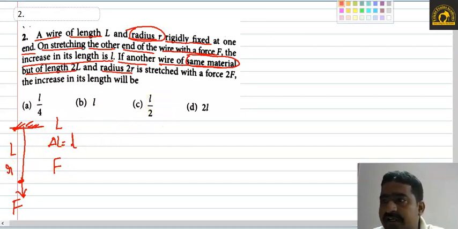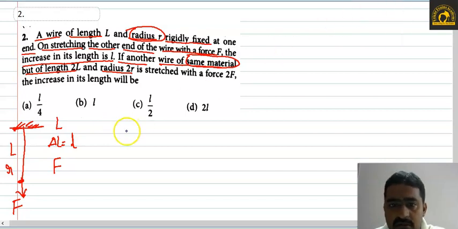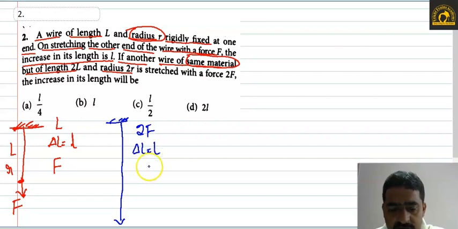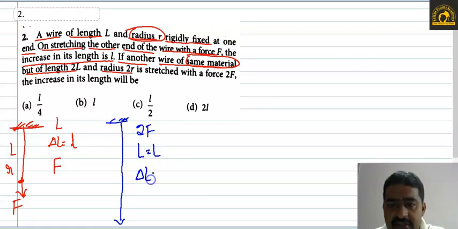Now in the second case, another wire of the same material, this is the important word, same material. The force is 2F, the length is 2L and the radius is 2R.